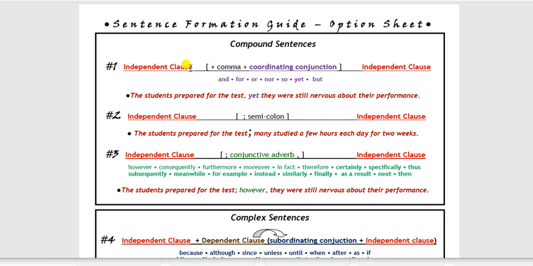But compound sentences are basically 2 independent clauses that are stuck together with something in between. Now, I talked in a previous video about what a clause is. Remember, a clause is a group of words that contain a subject and a verb. An independent clause means that it can stand on its own.